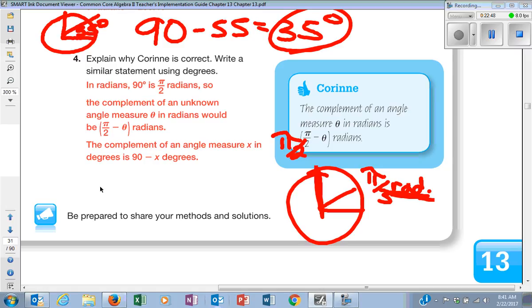Same thing that I did before, except instead of 90 minus 55, which you're used to, you're just going to be doing pi over 2 minus pi over 3.